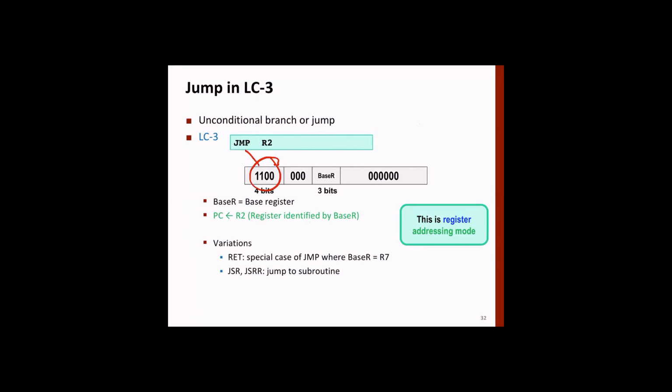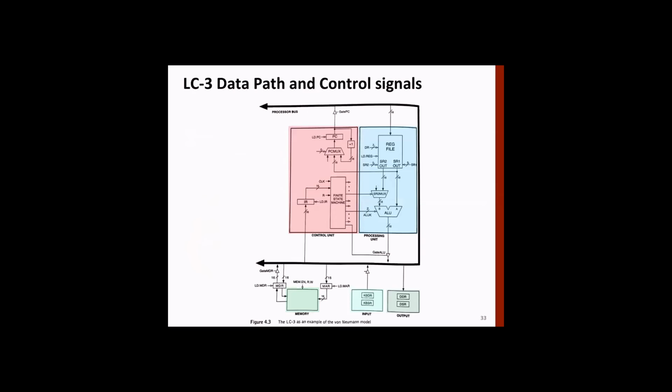This corresponds to jump. This R2 corresponds to a base register. So whatever be the content of this base register, take that value, and that's the jump location. Basically, take the value specified by this register and load that into the program counter. Now the program counter will point to the location pointed out by this base register. All right, so this is how it's shown here.